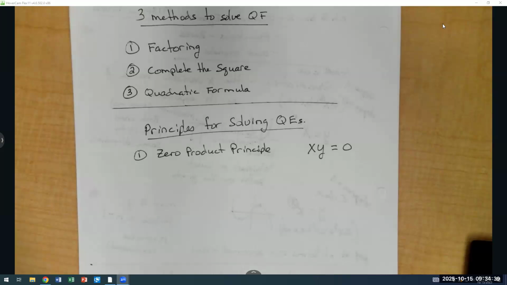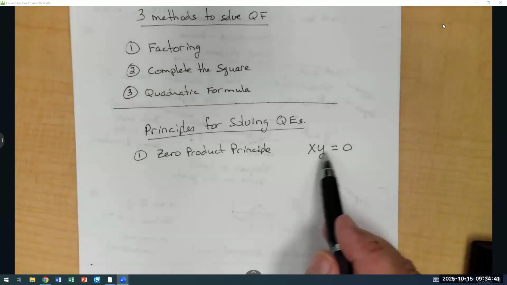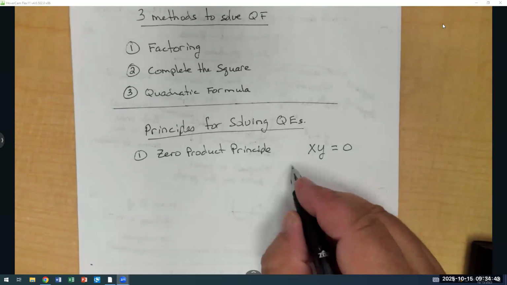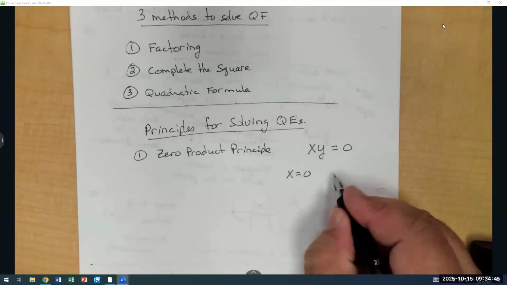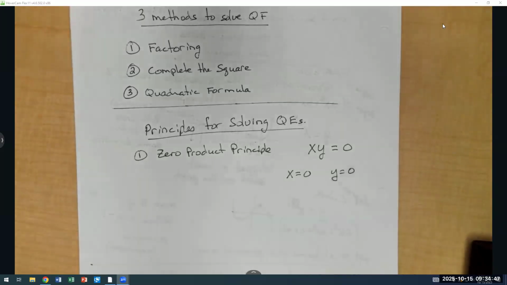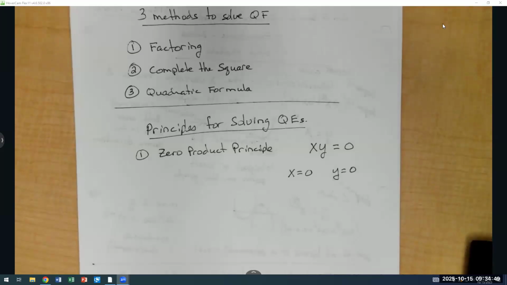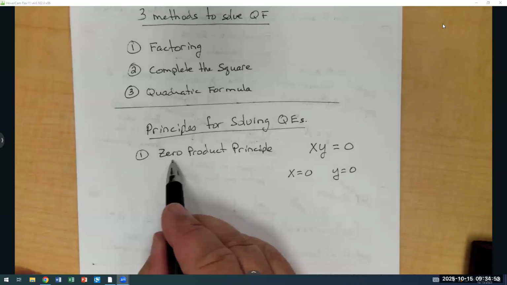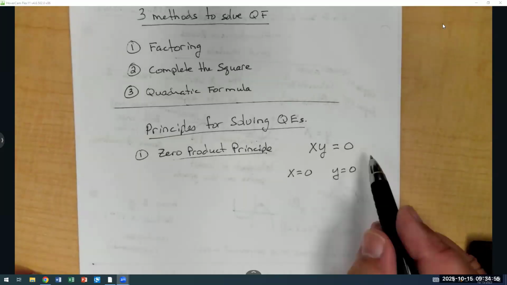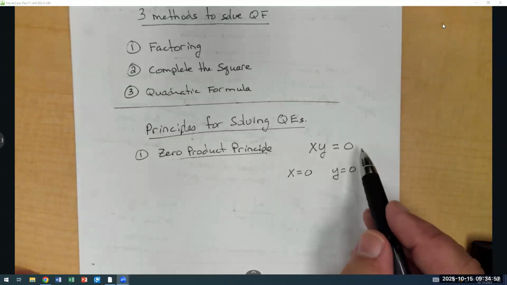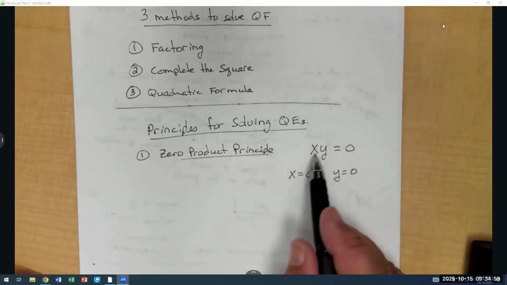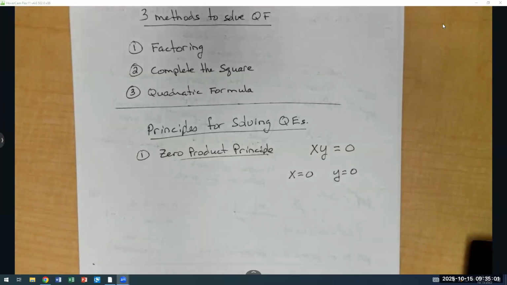Zero times anything is zero. But since we don't know which one is zero, then we set them both equal to zero and solve. That's the zero product principle. Since the equation equals zero, we take everything that multiplies and set each part to zero and then see which one actually it is.